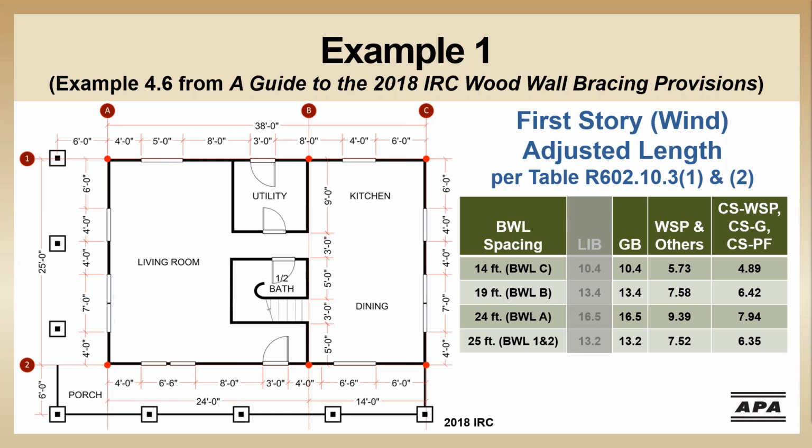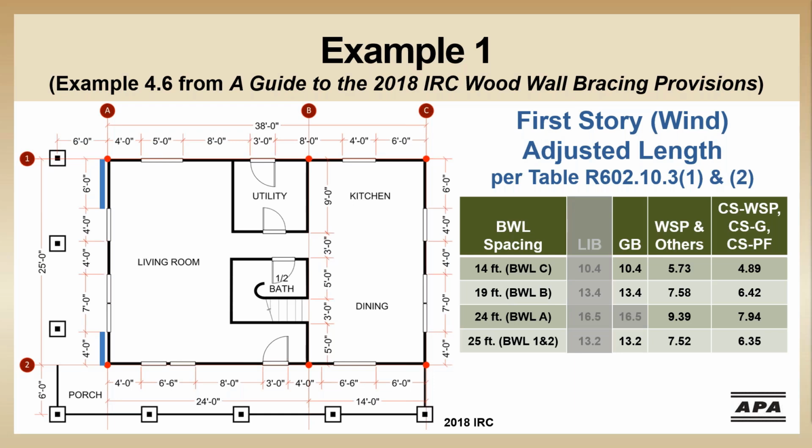We've got 14 feet of wall available. This is going to rule out the gypsum board method because even if we used all of the wall length, we don't have enough length for this method. Otherwise, we're looking pretty good, and we don't actually even need that center braced wall panel.